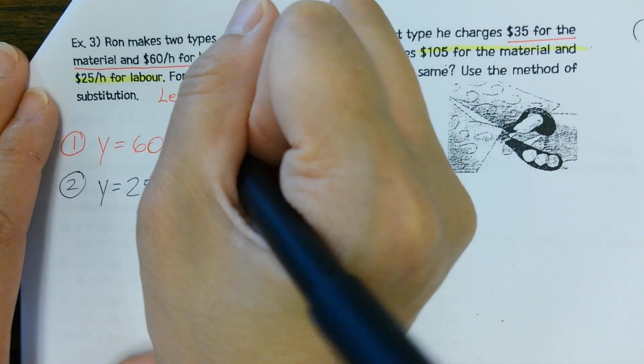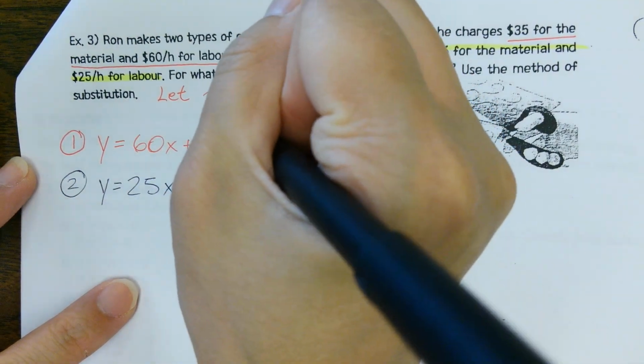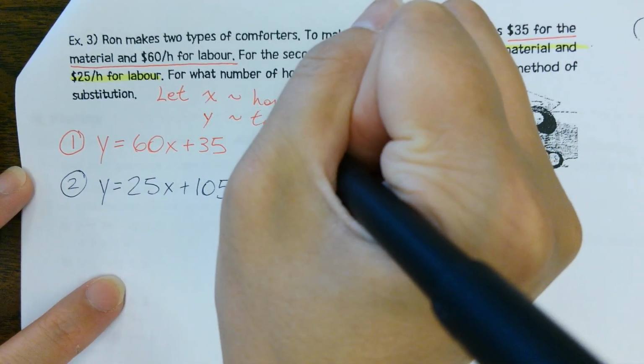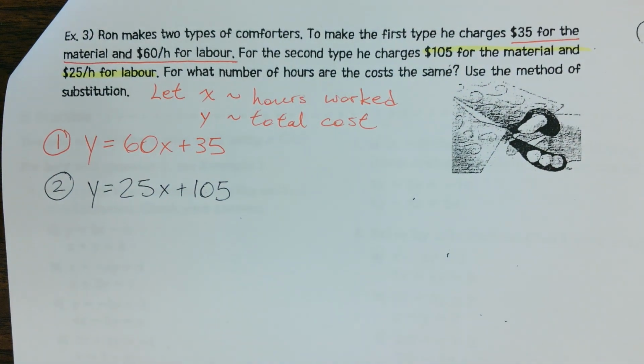And what is y? Yep. Total cost. Good. So when you write these equations, we're gonna get tons of word problems for this chapter. How many variables should you have in each word problem?